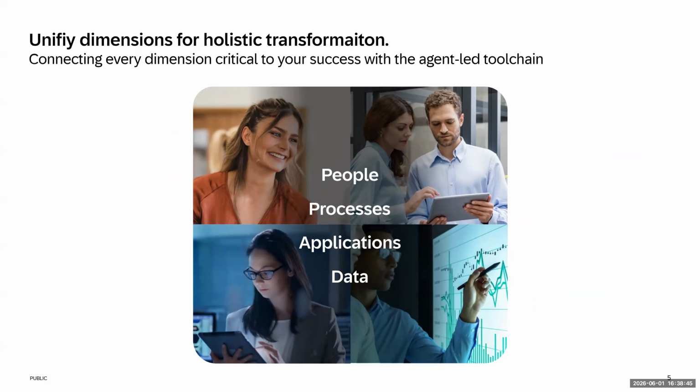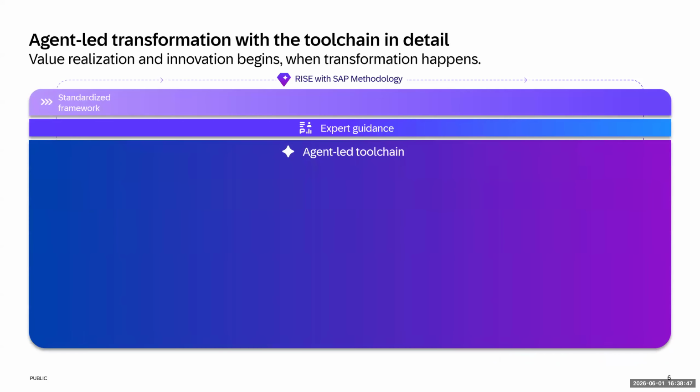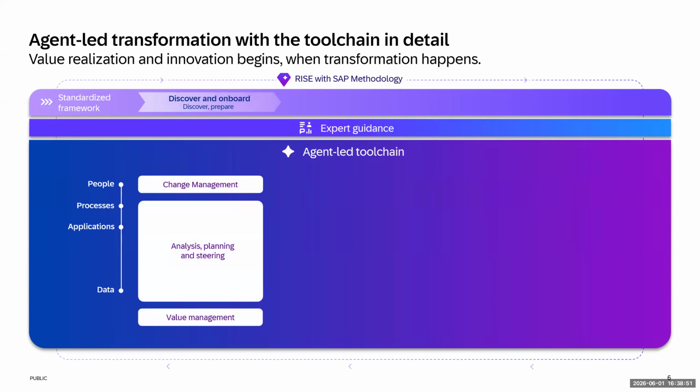Now, that is where our portfolio for transformation steps in, and how we distribute those dimensions across our methodology and how we bring that into the agent-led tool chain is what I want to show you with this slide. So first of all, I talked about the standardized framework beforehand that we have available as part of RISE with SAP methodology.